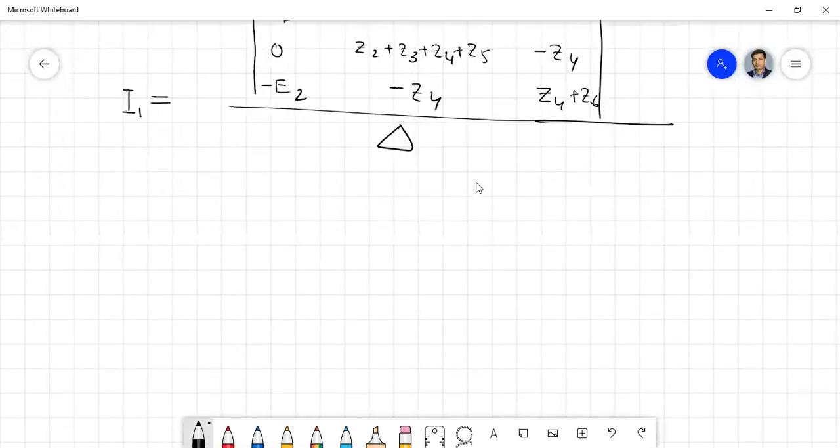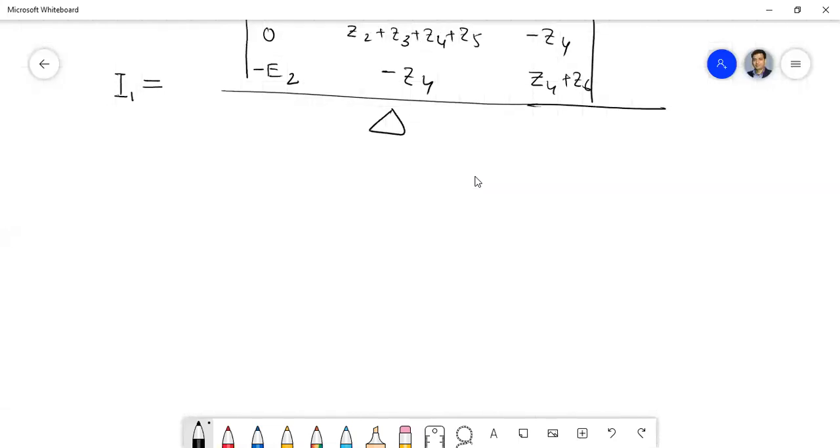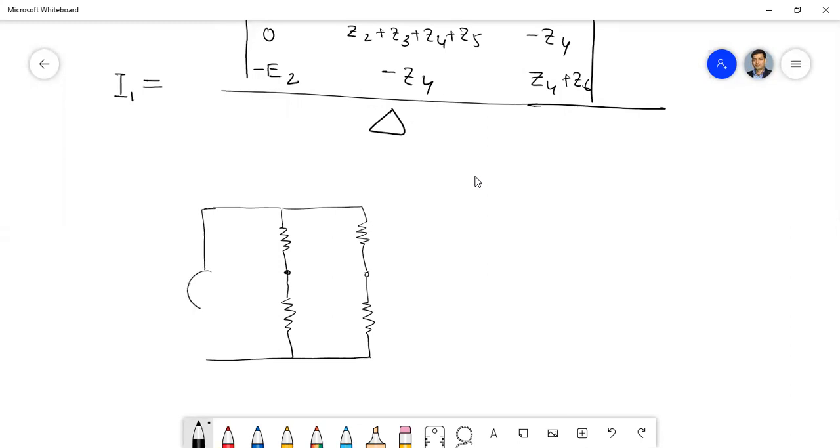Now let's take a numerical problem. It's a very simple problem like this. This branch has two resistances. Another branch also has two resistances, and we have an independent current source over here.